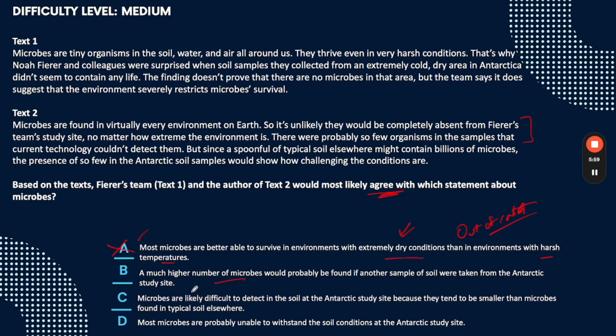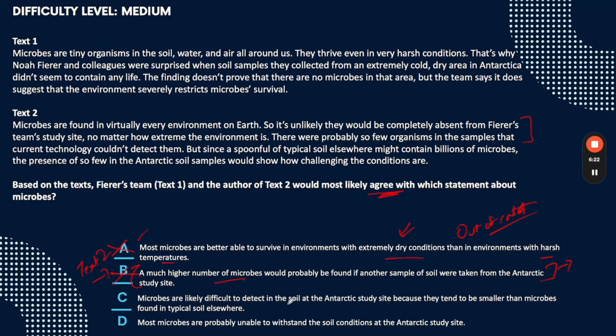And more importantly, text 1 did not even talk about it. It was just text 2 which kind of hinted towards this, but text 1 had no mention of such a context, right? So B can be eliminated because it was possibly a little bit talked about in text 2, but not at all in text 1. Let's go to C now.